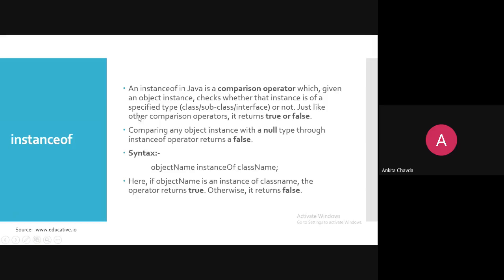Just like other comparison operators, it returns true or false. Comparing any object instance with a null type will always give you false. Syntax is: the object name, instanceof, and the class name. If the object is an instance of the class, it returns true, else it returns false.